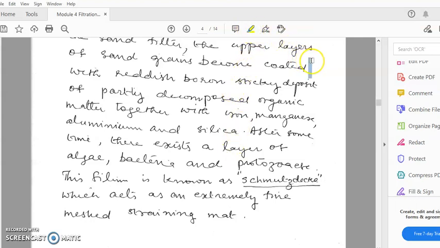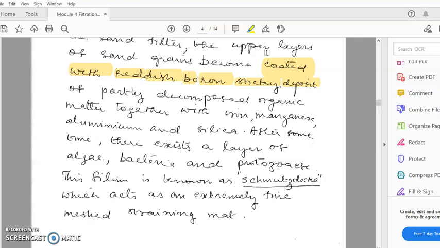Here it was explaining that in the filter bed, when the water is passed through the sand bed, we know the water contains biological impurities such as algae or microorganisms.